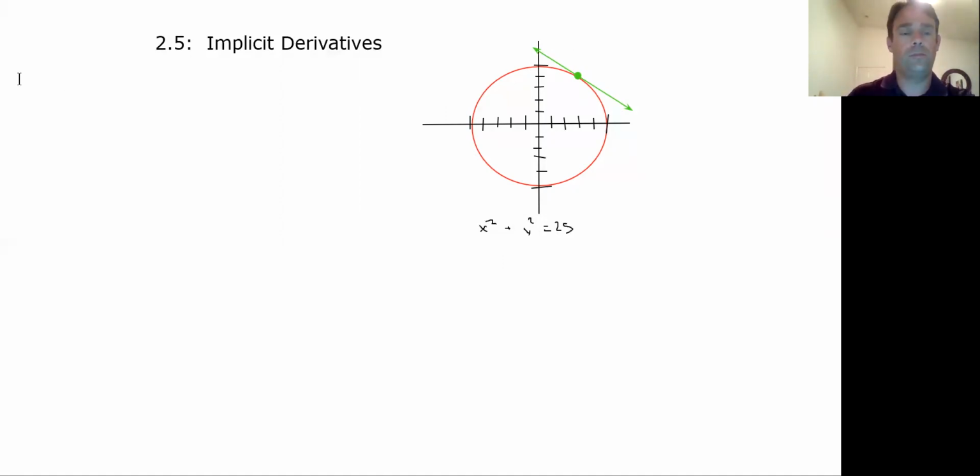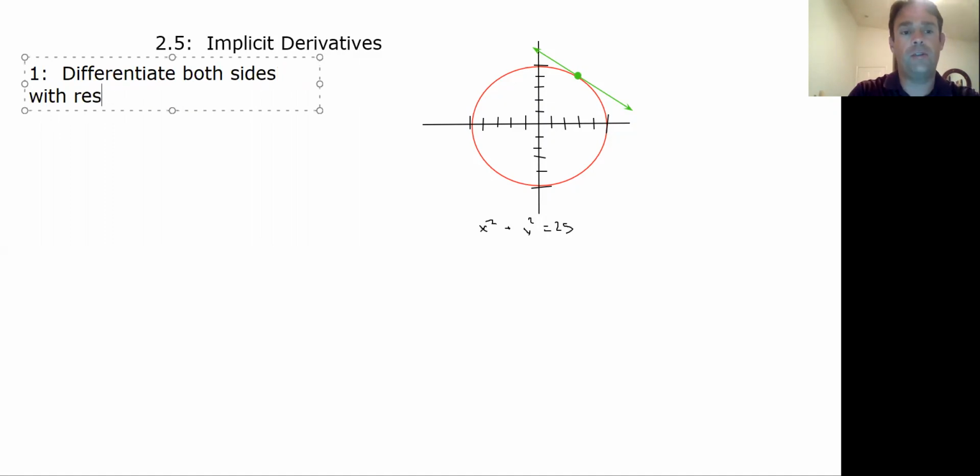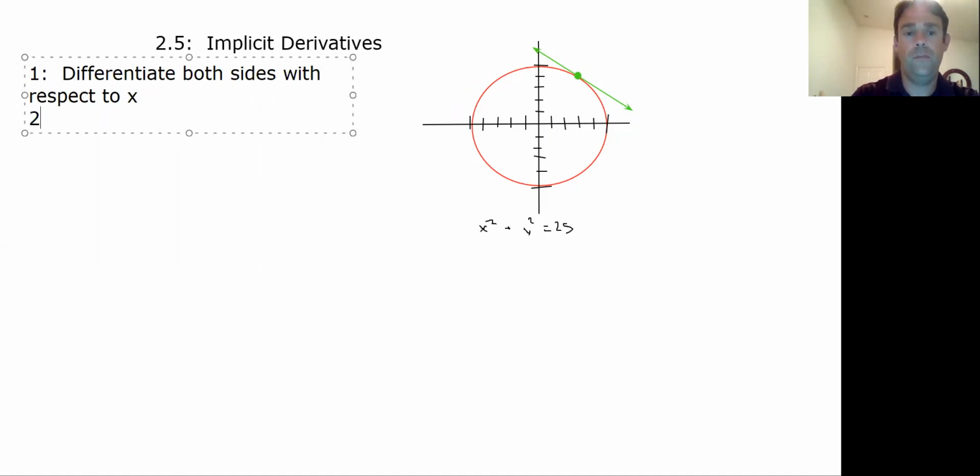And that's where we have a little 4-step process that we use to help us find implicit derivatives. The first part, we're going to differentiate both sides with respect to x. We're going to take the derivative of both sides with respect to x. The next thing, we are going to get all our dy dx's on one side.